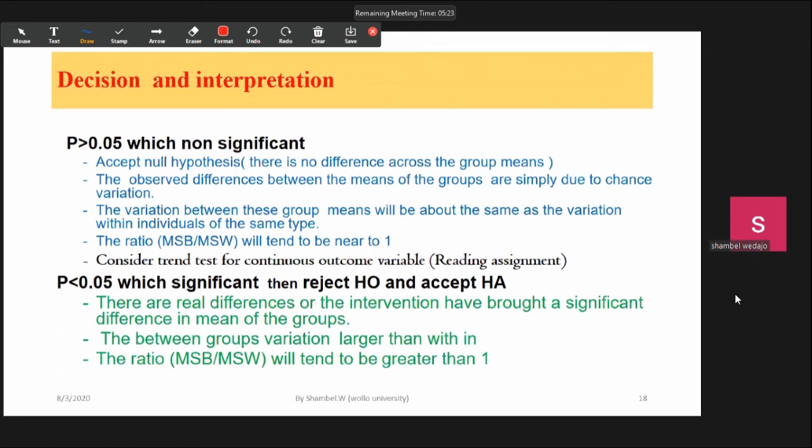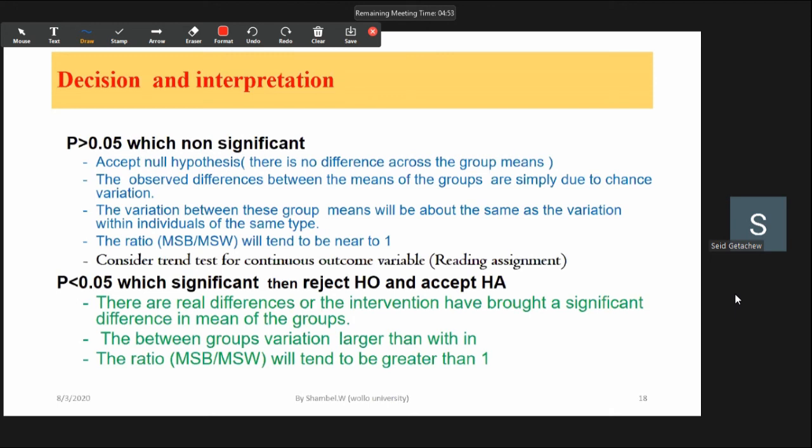We reject H0: it is not that they have no difference, they do. There is a real difference, the intervention brought a significant difference in the mean of the groups, a grouping effect. Between group variation is larger than within, so the F calculated value is large. The numerator is large relative to what would come by chance.